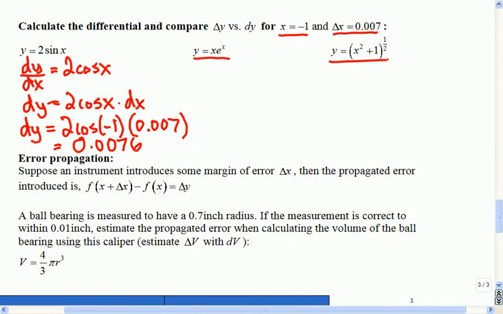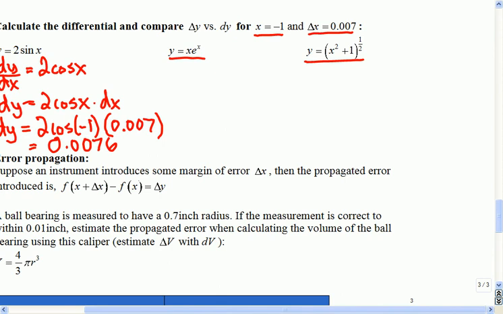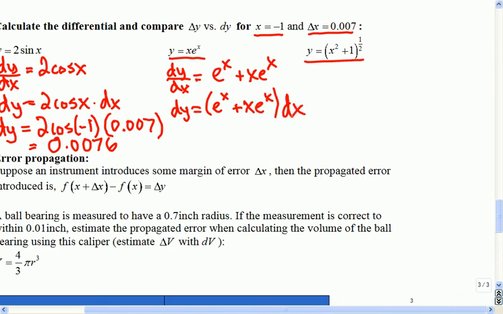Okay, so for the first one, you'll get a derivative that's e to the x plus x e to the x. That means the differential is going to be e to the x plus x e to the x times dx.